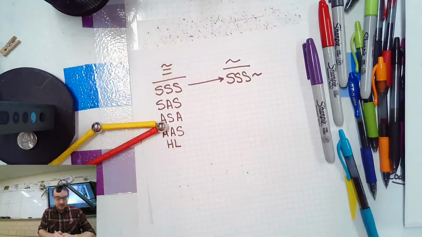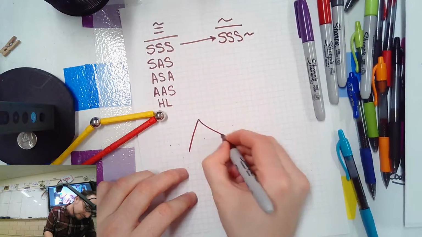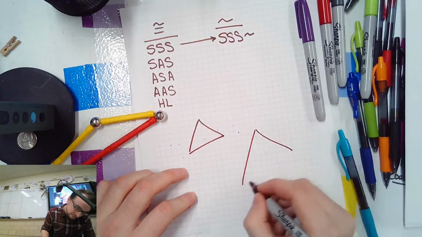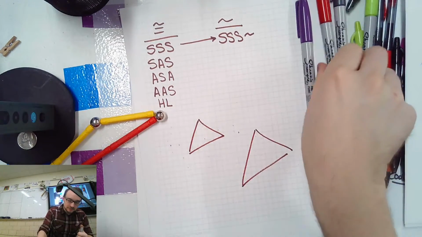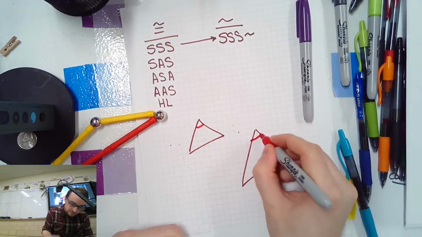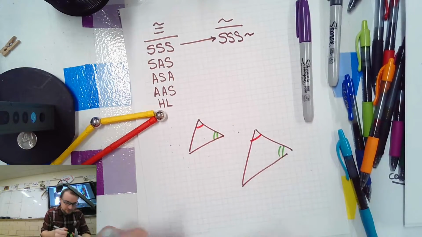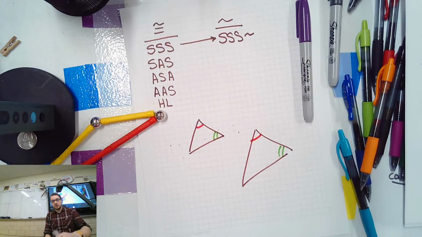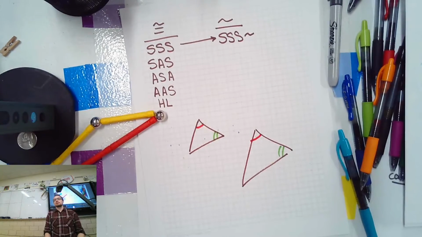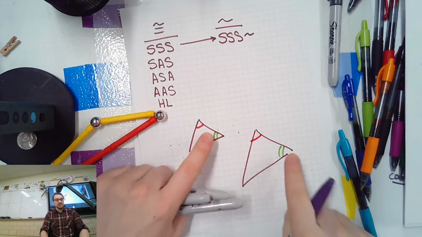So here's what I'm saying. If I've got a triangle here, and a triangle here, and I know that these angles are the same, and these angles are the same, do I know the third angle? Yes. Why? Explain. They're not isosceles, they're not the same angles.